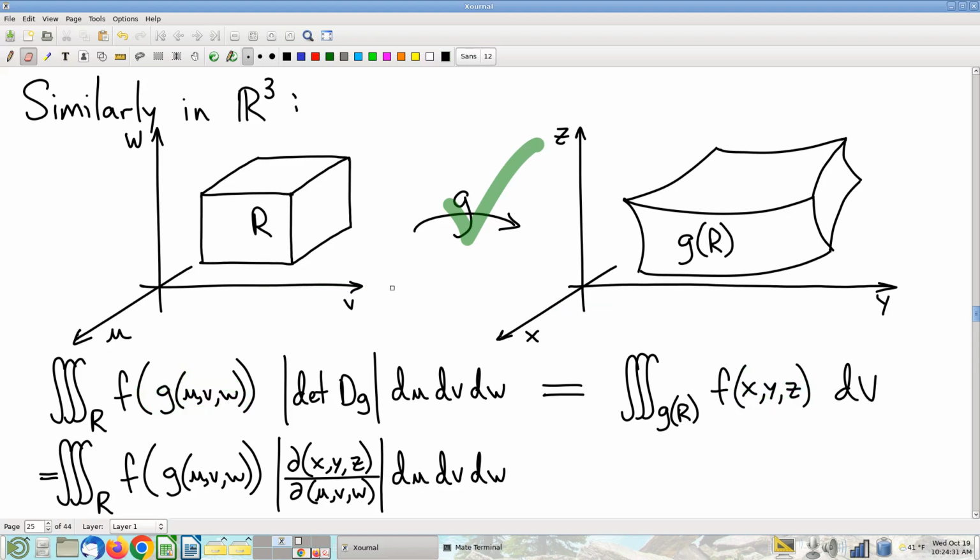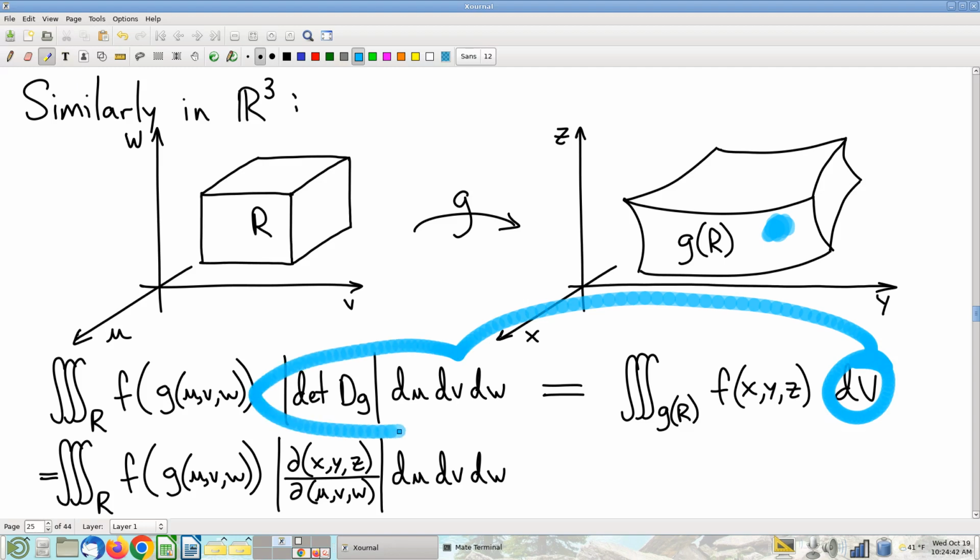You'll notice again we have this issue of what to do with little pieces of now volume over here, whatever these little volumes are. And presumably they will again be stretched out versions of wherever they came from. Again, then I just need to know what is the factor by which little pieces of volume get stretched out.